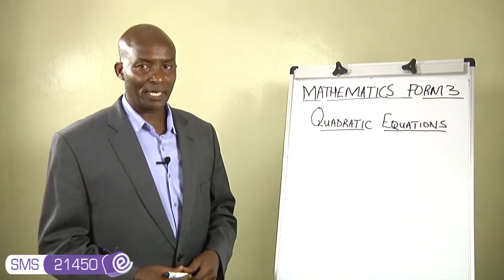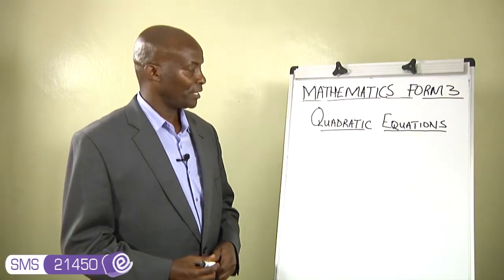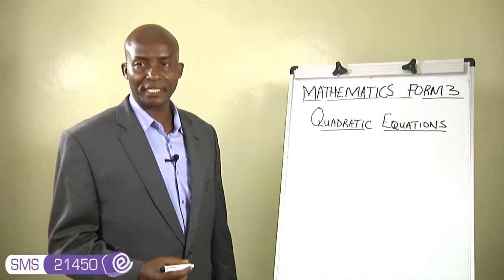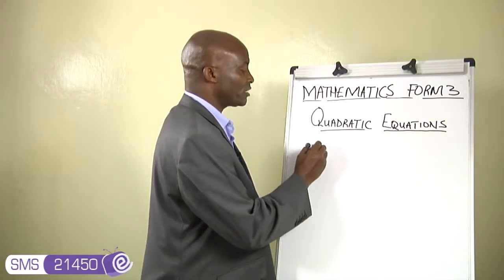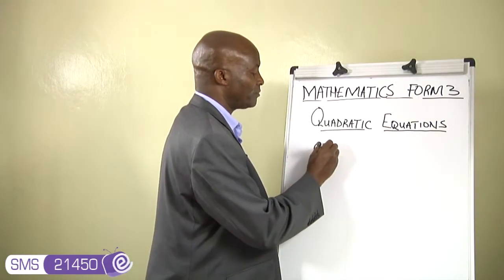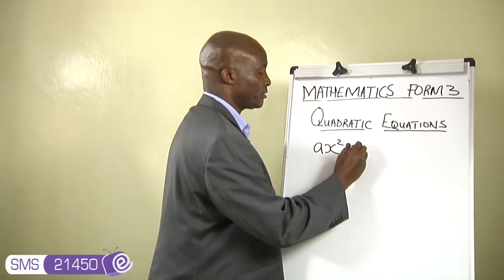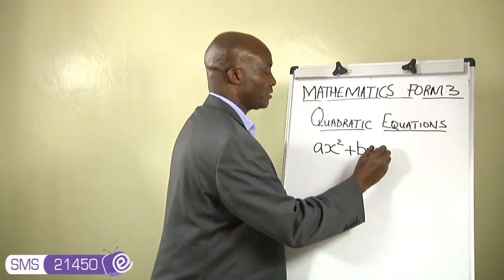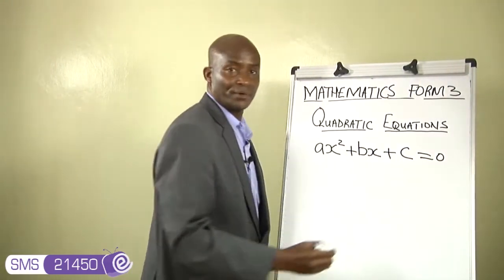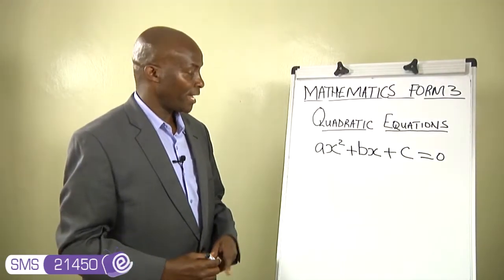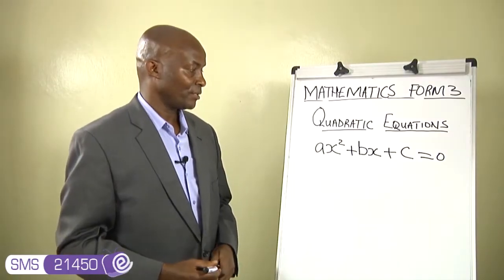Now, I'm going to pick up from where we stopped in our previous lesson, where we were discussing quadratic equations. We said that a quadratic equation is of the form ax squared plus bx plus c equals 0, where a, b, and c are constants.